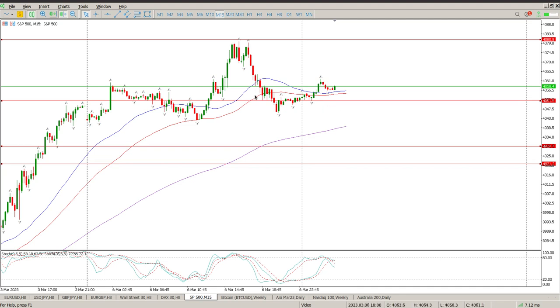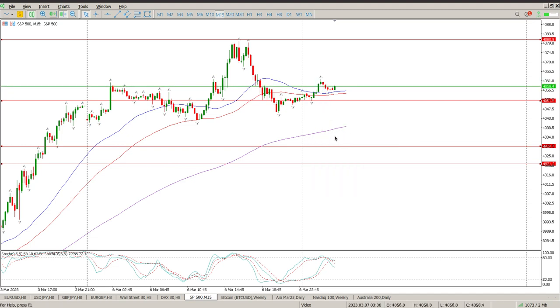If you do get some chaos, in other words, moves to the downside, then I would expect something like this. I just want to see if this measures out. Okay, so could also be something like that. So in other words, that would bring this area into play.